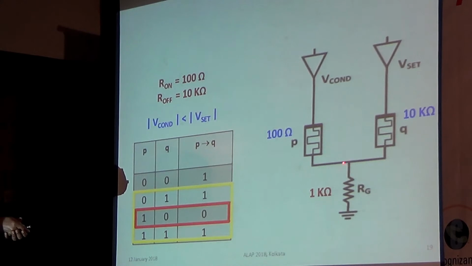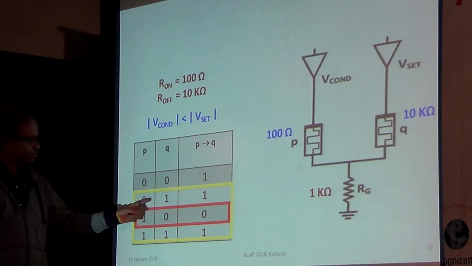So the voltage here will be close to Vcon because there will be a relatively higher current flowing, and voltage drop across this low resistance will be much smaller. So here approximately Vcon minus something will be there. So the voltage across Q will be Vset minus Vcon. That will not be sufficient to switch. So it was 0, it will remain 0.